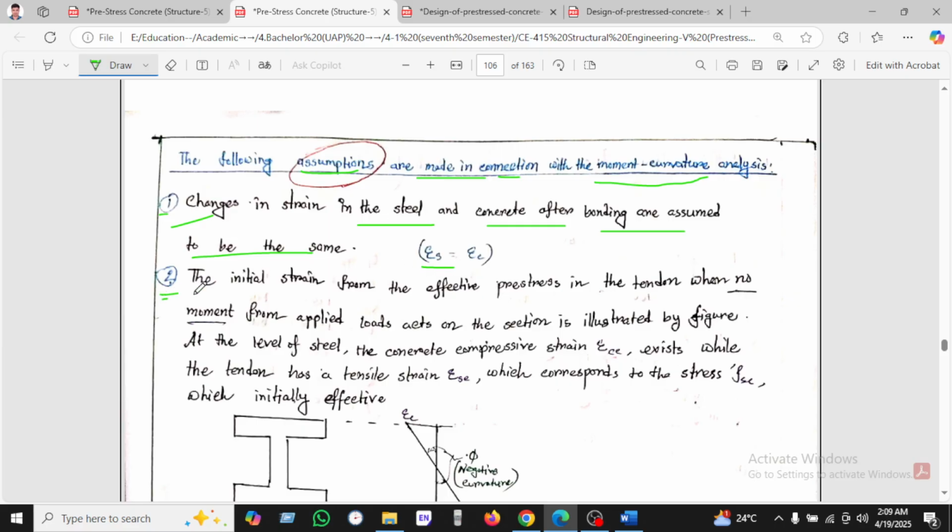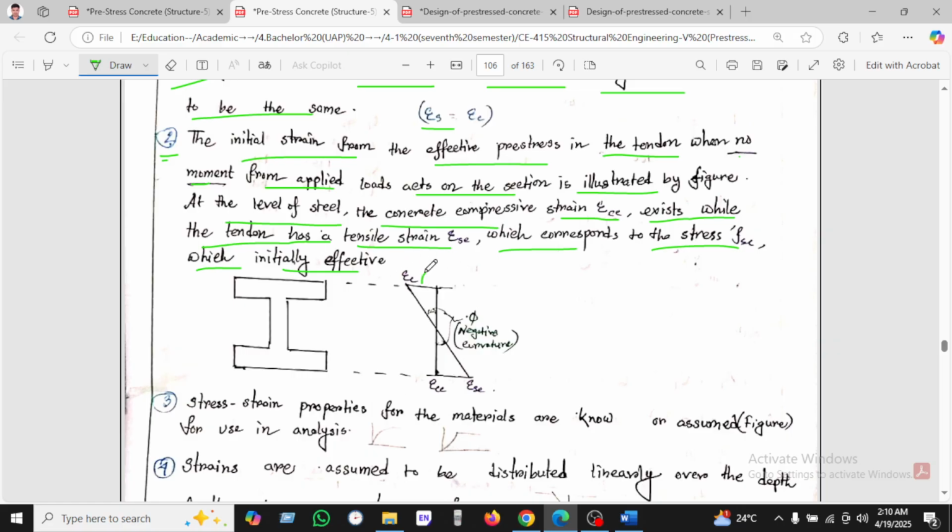Then the initial strain from the effective prestress in the tendon shows no moment from the applied load acting on the section, as illustrated by the figure. At the level of steel the concrete compressive strain exists, to which the tendon has the tensile strain, which corresponds to the stress given, which is the initial effective prestress.